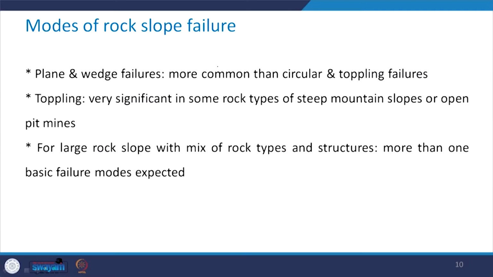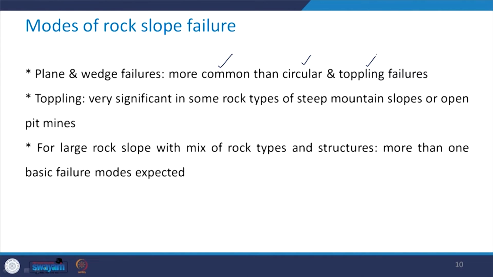Plane and wedge failures are more common than circular and toppling failures. Toppling failure is very significant in some rock types of steep mountain slopes or in case of open pit mines.